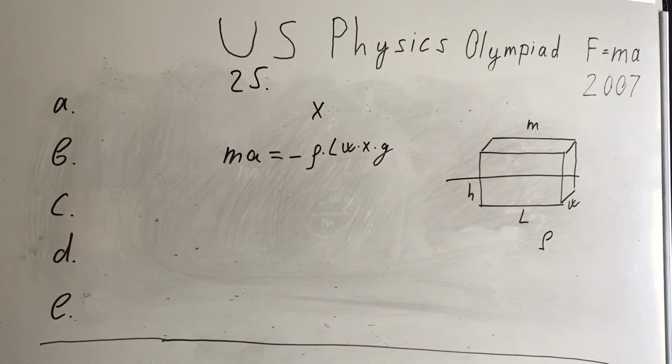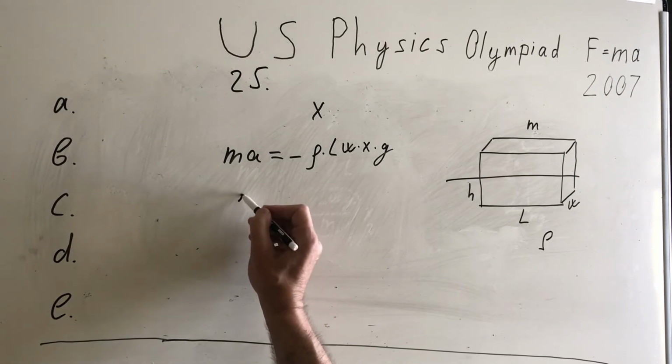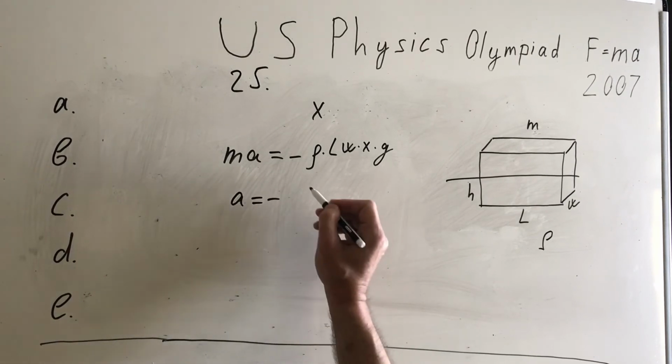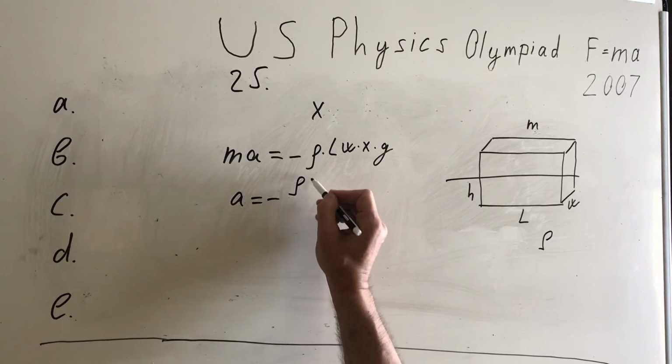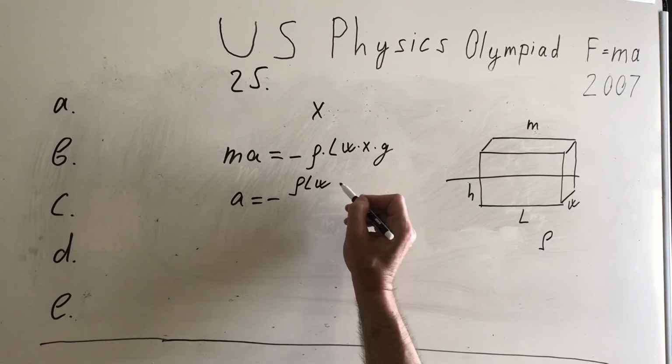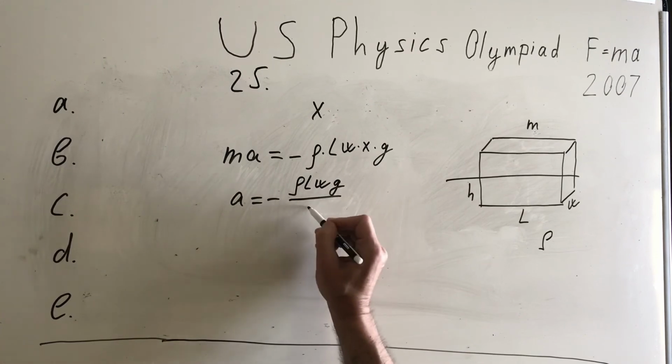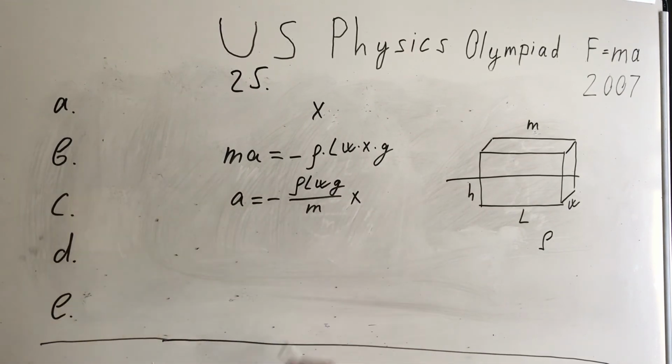So this is our equation of motion. We can rewrite it in the form a equals negative ρ L W g over m times x.